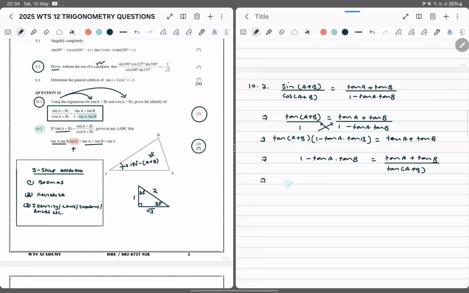So this implies that literally tan A times tan B is equal to, we move this over, 1 minus tan A minus tan B. Okay, the signs are a little bit crazy-ish, but it's not a big deal. You get it? Yeah.